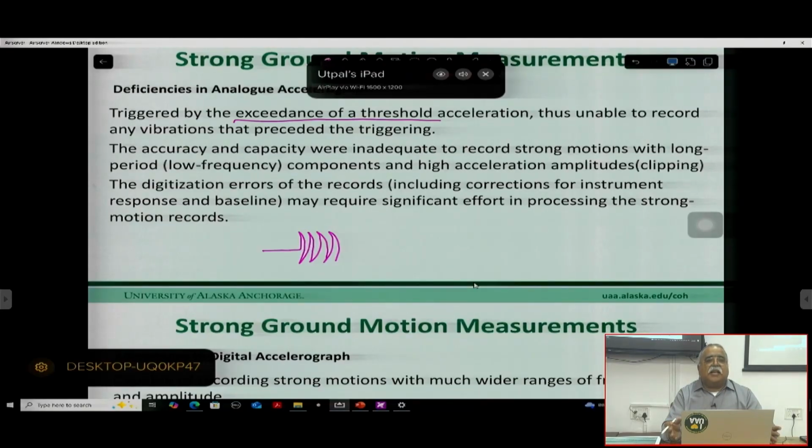They put the threshold level at something around, say, 100 centimeter per second square acceleration. If it happens, then only you record it. Otherwise, don't record. That is called threshold level type of detection.